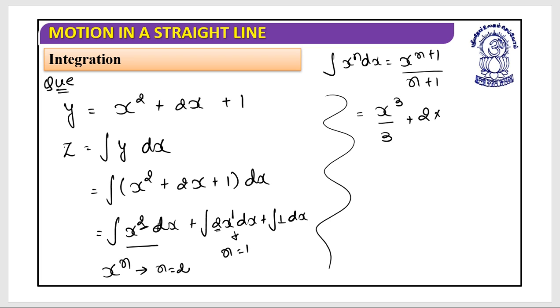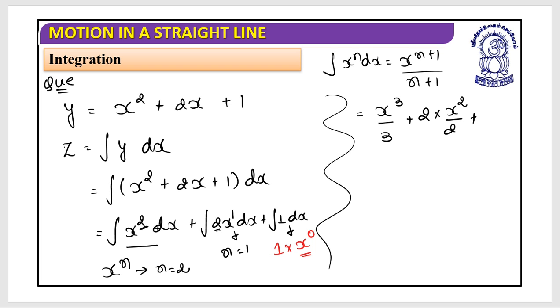So if n is equal to 1, it's x square divided by 2 plus, now look at this very carefully, what should I do? What is going on in your mind? Shall I write this as 1 into x to the power 0? Look at this carefully. It is the integration of 1 into dx.